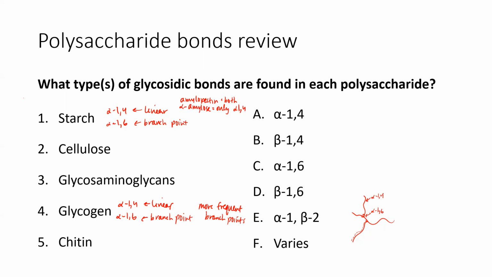Okay, so let's think about cellulose. What kind of glycosidic bonds do we see in cellulose? Beta 1,4. Sorry, Alexa, stop. Sorry about that. What type of glycosidic bonds do we see in cellulose? Beta 1,4. Yes, we see beta 1,4 bonds.